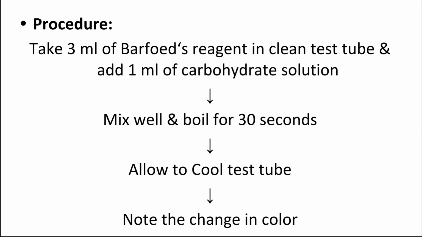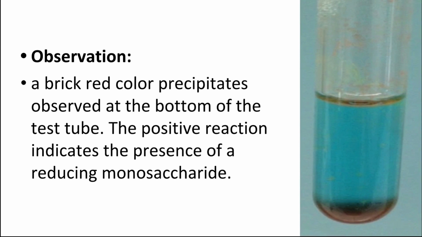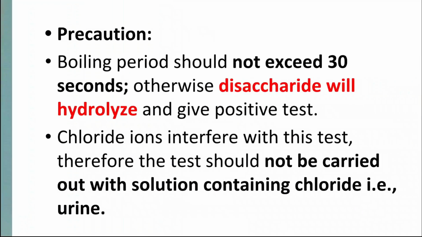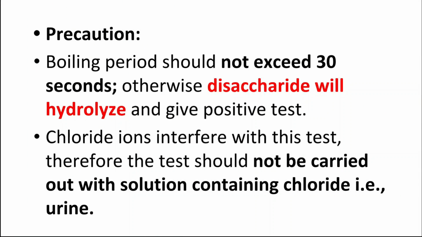If you have a monosaccharide in your sample, you will see brick red precipitate at the bottom. So make sure this 30 seconds is noted down. Otherwise, any disaccharides present in the solution will also hydrolyze and give a positive Barfoed test.